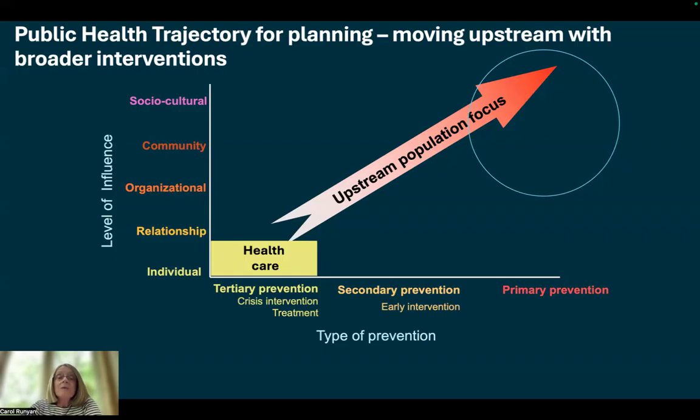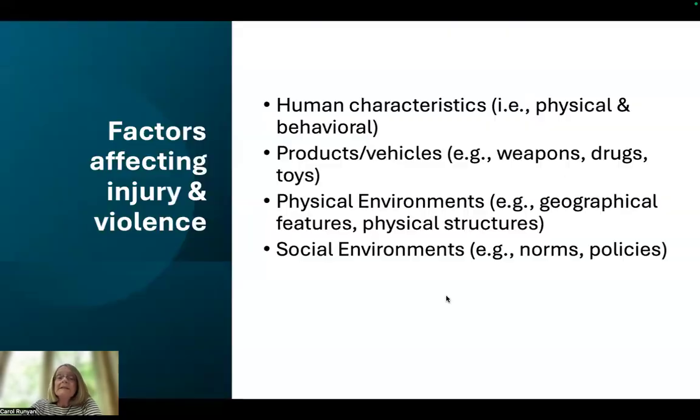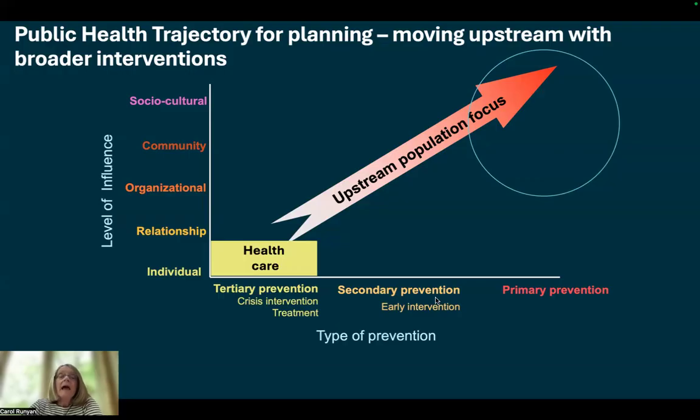And when you cross that with the principles of public health of primary, secondary, and tertiary prevention, we think about healthcare as typically down here in this corner. It typically involves individuals, and usually it's in the realm of tertiary prevention. You go to doctors when you're sick for treatment or for crisis intervention.